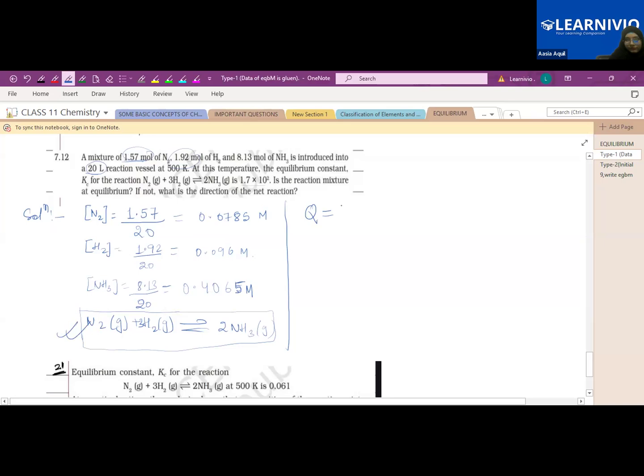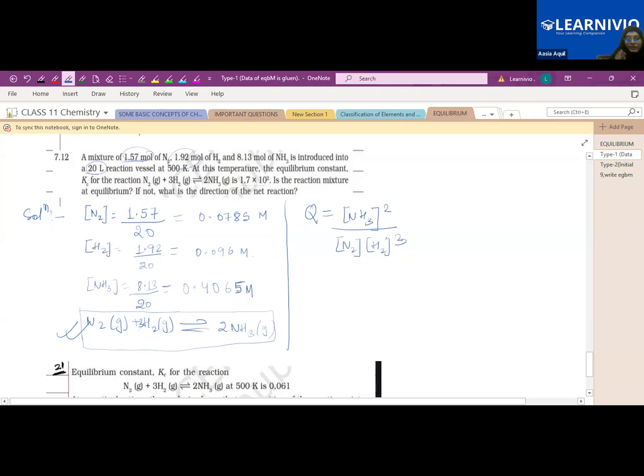In the numerator, we take the concentration of product first. Product divided by reactant, right? So the product is ammonia: concentration of ammonia raised to the power 2, divided by the concentration of N2 multiplied by the concentration of H2 raised to the power 3. Here the coefficient is 3, so I have written the power 3.